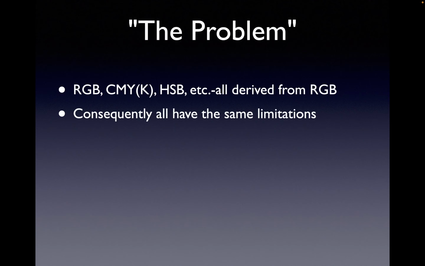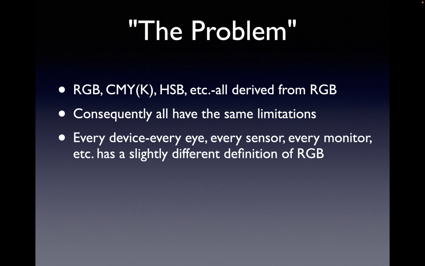And here's the trick. This is the biggest rub about trying to deal with color managed workflow or color in general. Every device, every eye, every sensor, every monitor, every printer, everything that deals with color has its own unique definition of color. To the point that your eyes, you would think, well, both of them see color the same way.